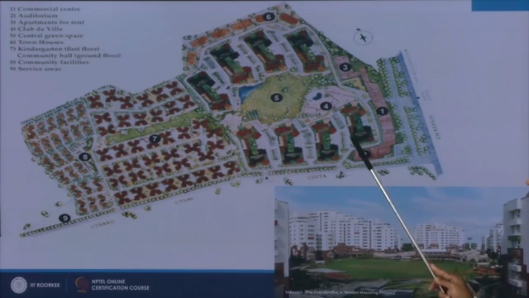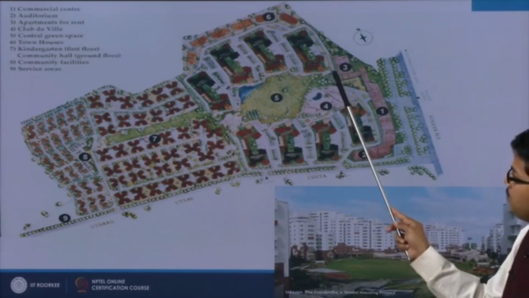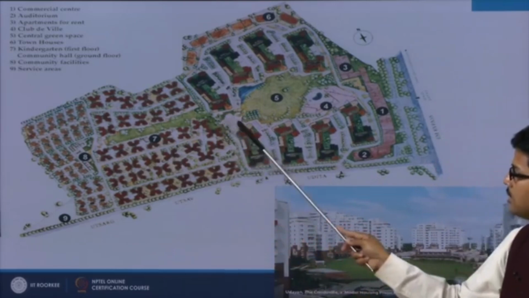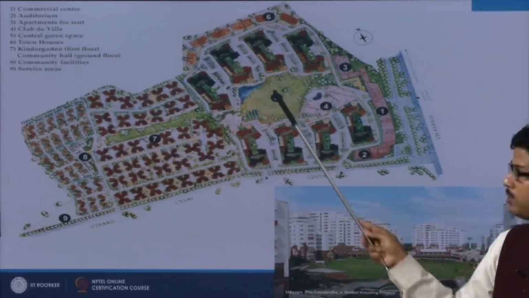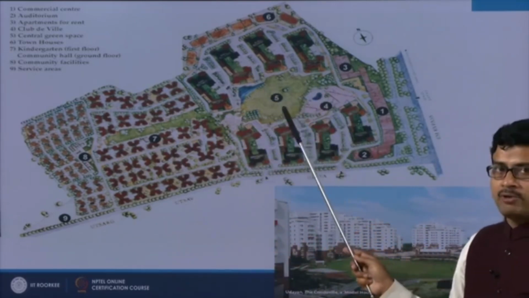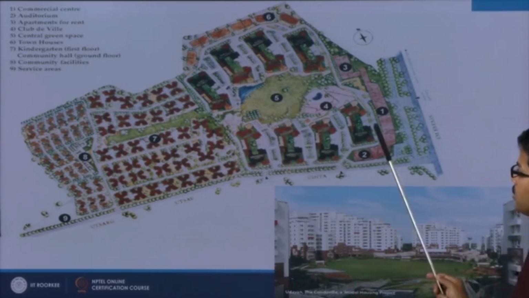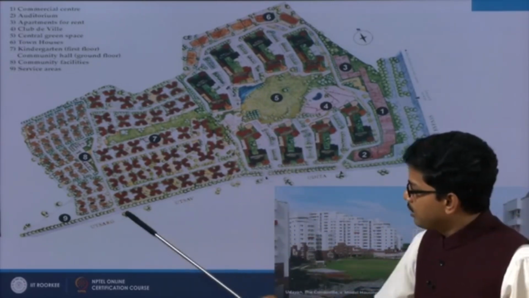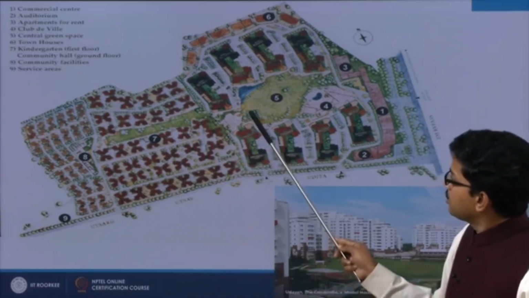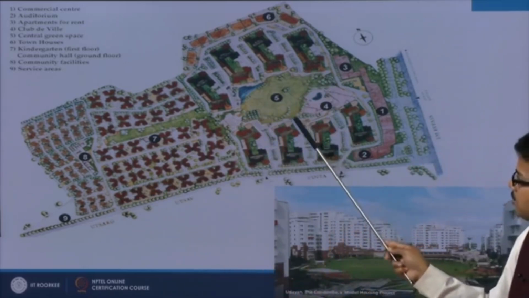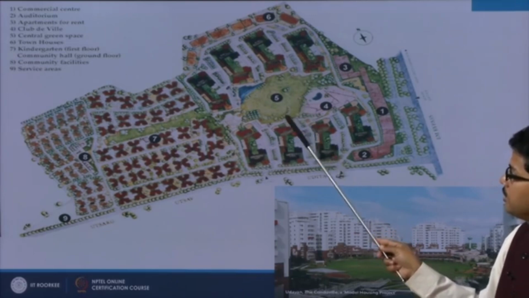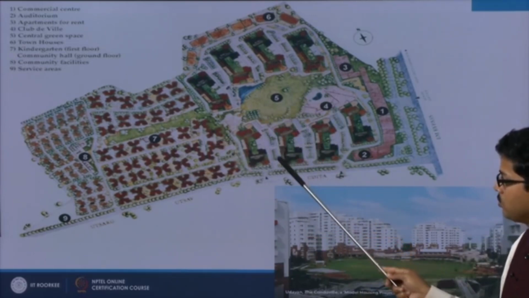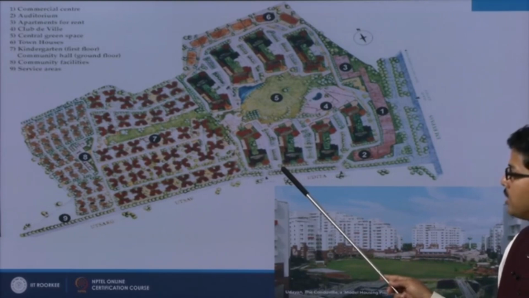The buildings are provided in the periphery, keeping the green areas and the facilities in the central areas, so that everybody can take advantage of the green areas, whereas the vehicular access is given at the peripheral access, and the central green areas give an opportunity for the pedestrian to roam around or enjoy the green areas. At the same time, they can come to the vehicular area as well.